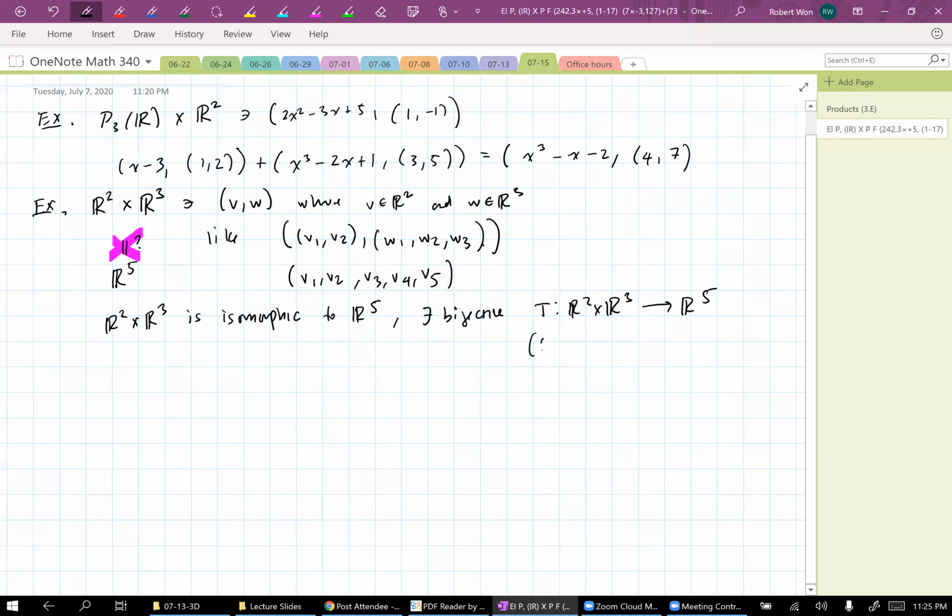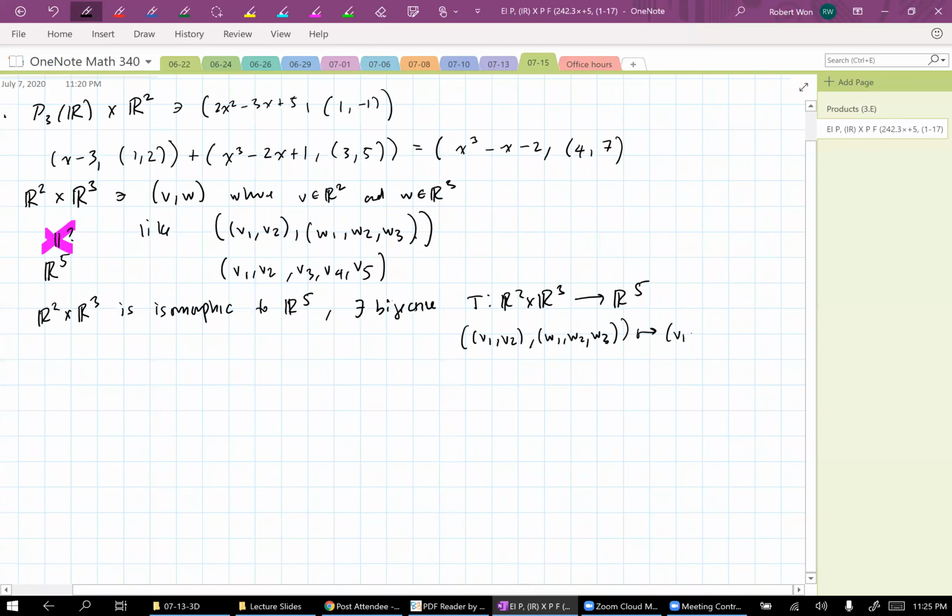What you do is you take a vector in R2 cross R3, and you map it to this 5-tuple in R5. And you check that this is a linear map which is injective and surjective, and therefore it's an isomorphism. So these are isomorphic vector spaces.